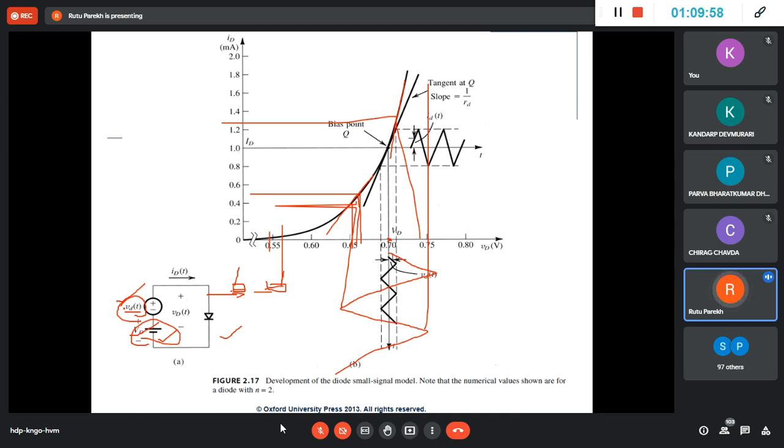So what you must understand is that the voltage that you want to process here must be a few millivolts, of the order of VT, 25 millivolts. Okay, so just a few tens of millivolts is fine.